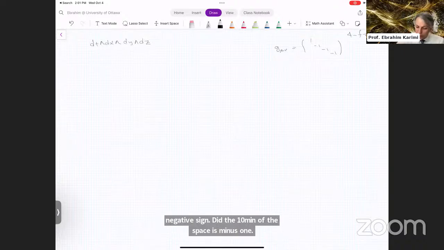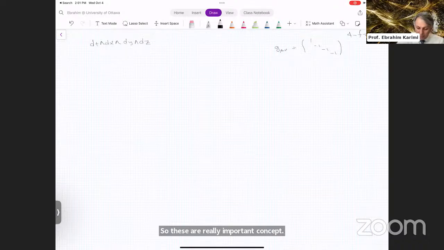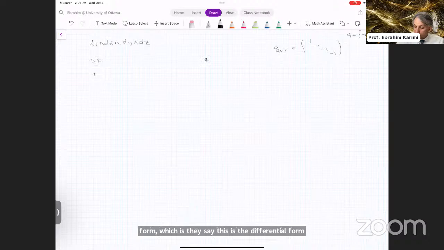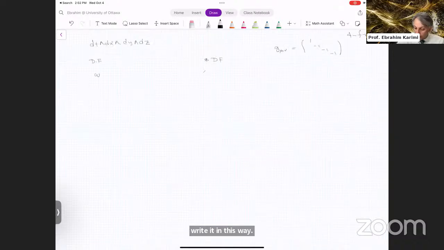So let's go with the first one. What is happening with the zero form, the differential form, and the star of the differential form? Let's write it this way: if you have omega, that's the star of omega. So for example, your omega is 1, a zero form. What is the dual of the zero form?